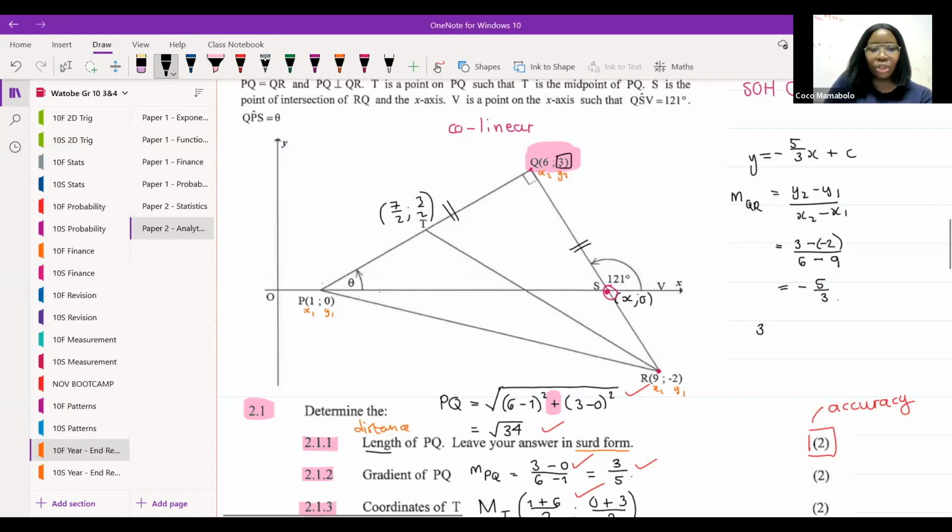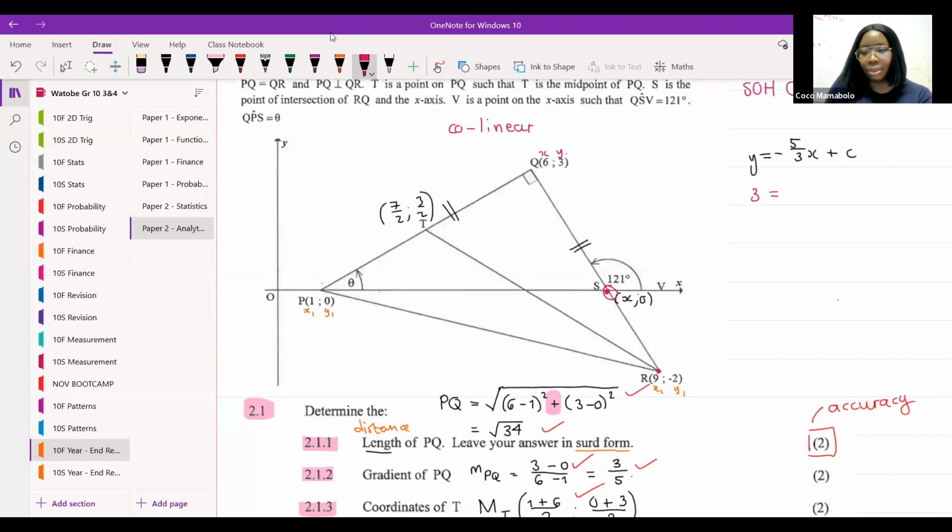So my y is going to be 3 is equal to negative 5/3, and my x value is 6, plus c. And now do you see, Faith, that the only thing missing for us to calculate is c? So we just need to clean this up a little bit.